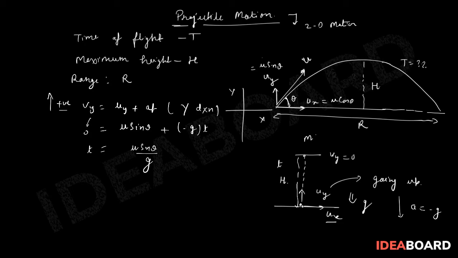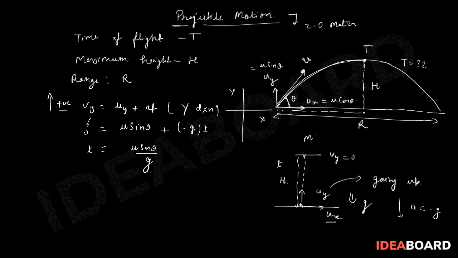If you see in the proper frame, the particle will be at the topmost point at time t, right? So the particle will reach height h in time t. Because of the horizontal velocity, it will also cover a distance in the horizontal direction, and in the vertical direction it will have h displacement.